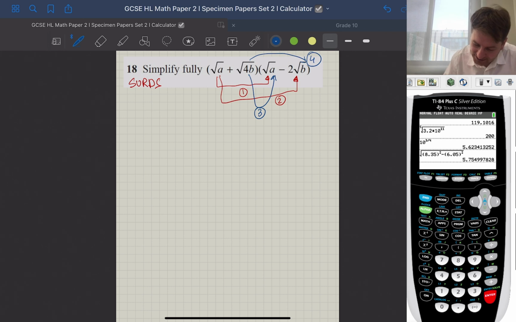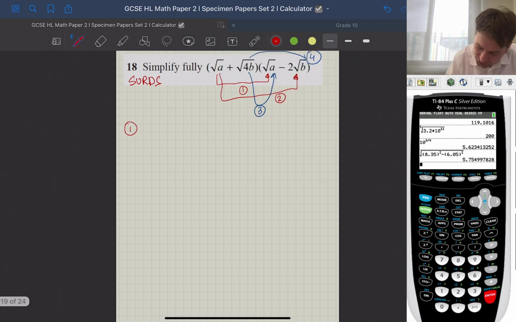So next what we need is to do it. Multiplication number 1 is going to give us root a times root a. Now, just so you remember, square root is essentially power of half, so you're adding those two powers.